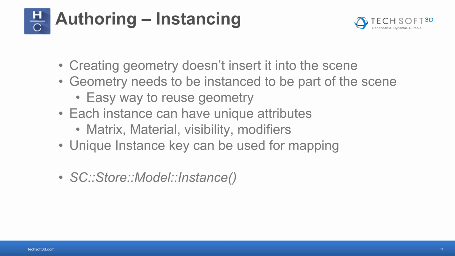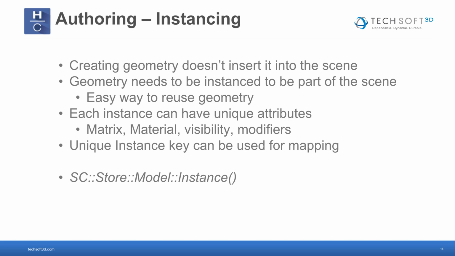The matrix is fairly straightforward. It's going to tell the system where this mesh is in the world. The material, again, is an understood concept. We're going to talk about the rendering properties: the color, face color, line color, point color. All of those we can control individually on the material. If it has a texture, the texture is also in that material.